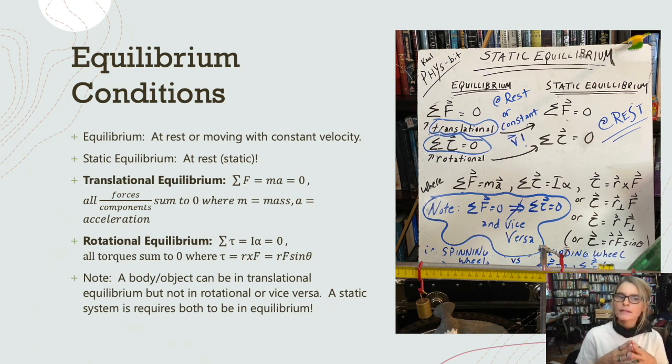One thing that is really important to remember is that you could have translational equilibrium but not rotational equilibrium, or vice versa. I have a little video display coming up with a wheel where you can see how that is demonstrated.